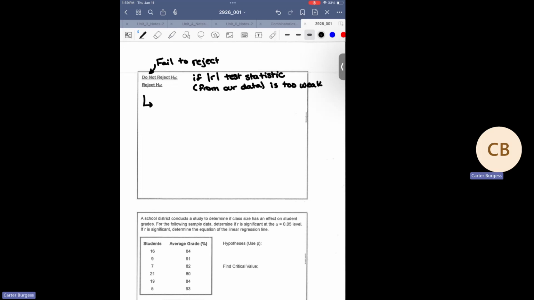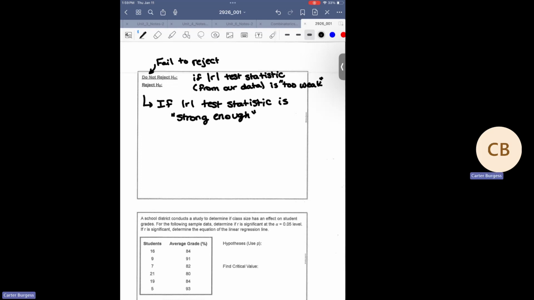We confirm the alternative if the R value here, the test statistic, is what I would describe as strong enough, where again, strong enough just means bigger than, more powerful than, stronger than the value that we are comparing it to.